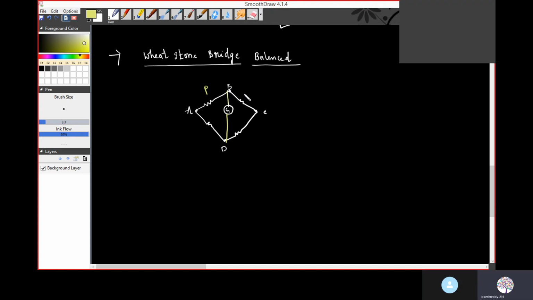Let us take this as P, this as Q, this as R, and this as S. If P by Q is equal to R by S, then we say the bridge is balanced.